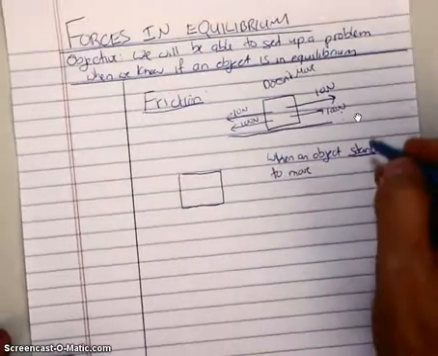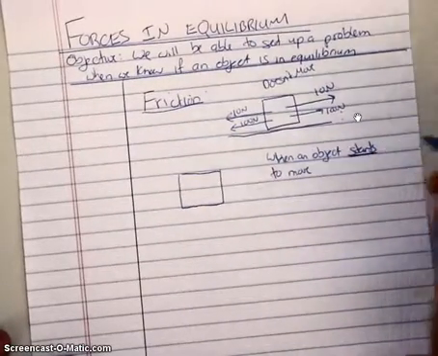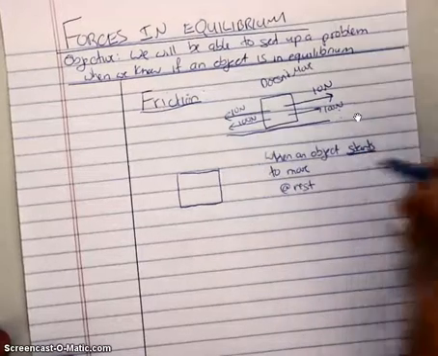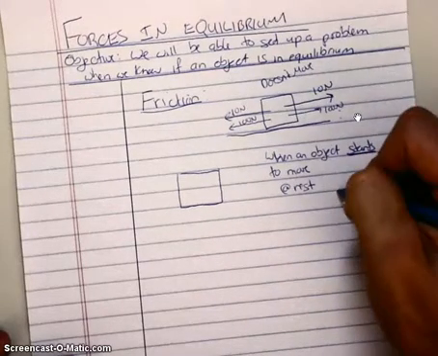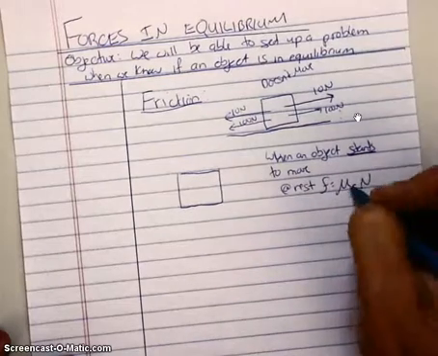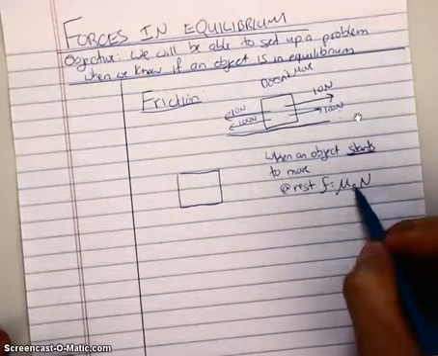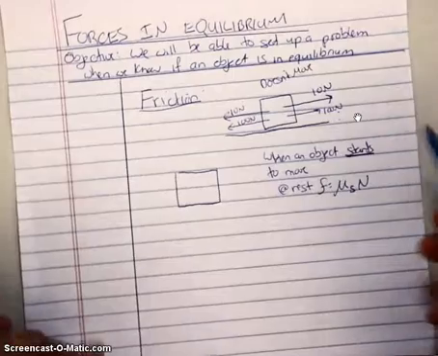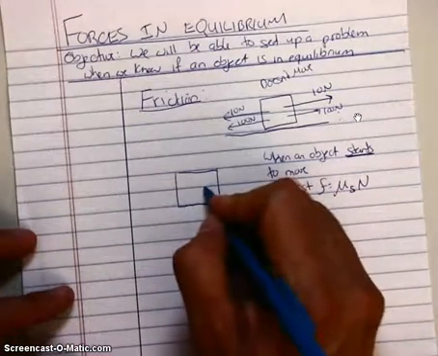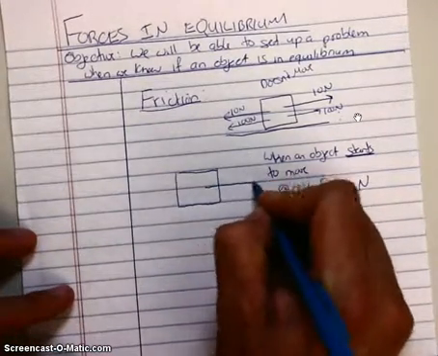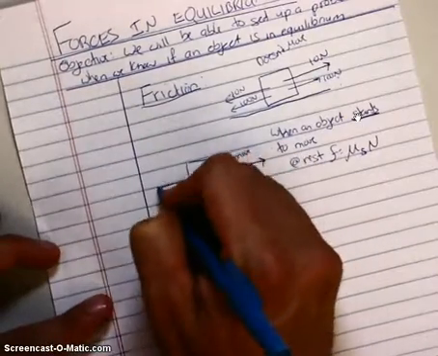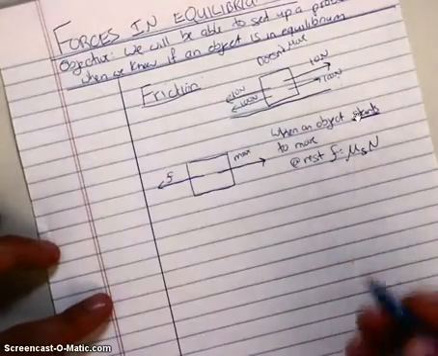Because remember, when an object starts to move, that means it was at rest. And so when it's at rest, we're going to use the coefficient of static friction to solve for the problem. So when it starts to move, this is the maximum possible force that will equal the maximum possible friction.